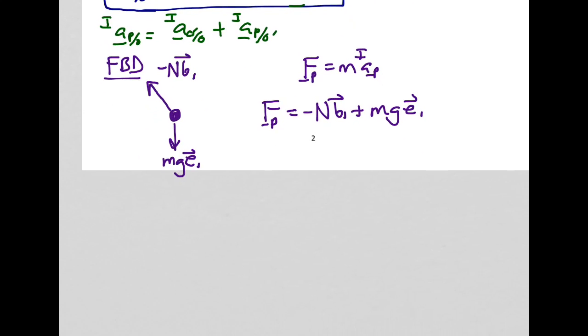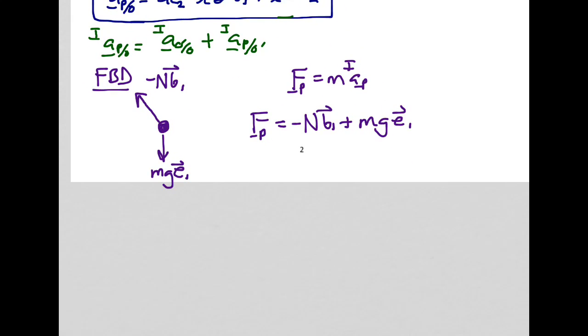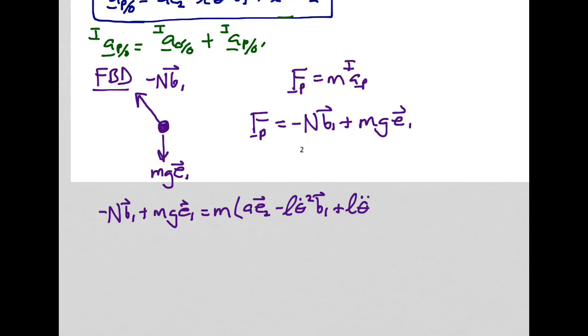And so let's apply Newton's second law. When we apply it, we take our force and put it on the left side, so negative n in the B1 direction plus mg in the E1 direction is equal to our mass multiplied times our acceleration observed in the inertial reference frame, which is a E2 minus L theta dot squared in the B1 direction plus L theta double dot in the B2 direction.